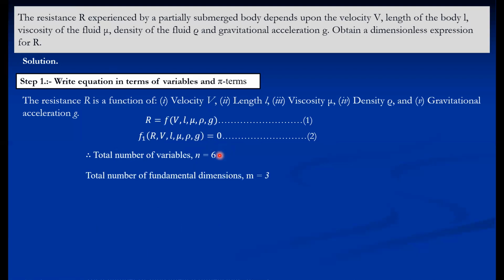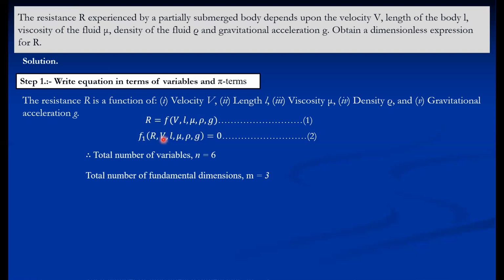Now, the number of fundamental dimensions altogether. In most cases, especially if the problem is related to fluid mechanics, the number of fundamental dimensions is 3, because mass, length, and time. Just check randomly. If R is there, mass is there, which means M, L, T, and theta are the 4 fundamental dimensions.